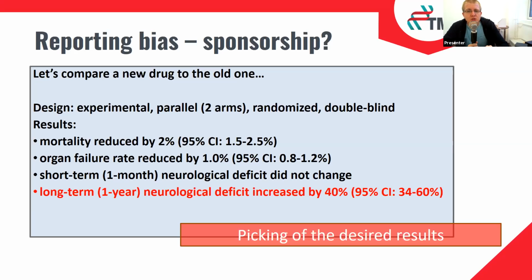So if you pick which outcome to report, that's reporting bias. By making study protocols in advance, so before you start recruiting, and of course you publish it, you can prevent reporting bias from distorting your conclusion.